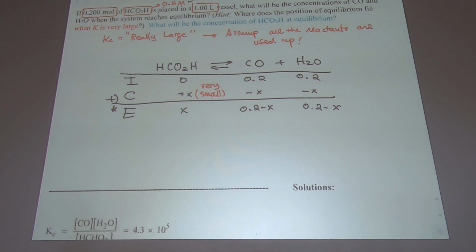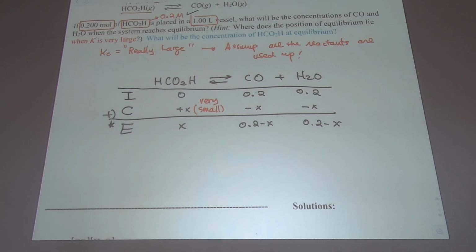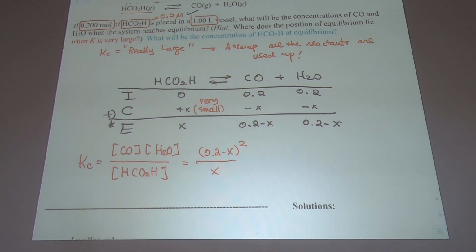And then I need to write this Kc as an expression. Kc is now the formic acid concentration, CO concentration, and H2O concentration. So this is the definition, and at equilibrium it is x over 0.2 minus x, squared. Okay, up to here, everyone can do that.